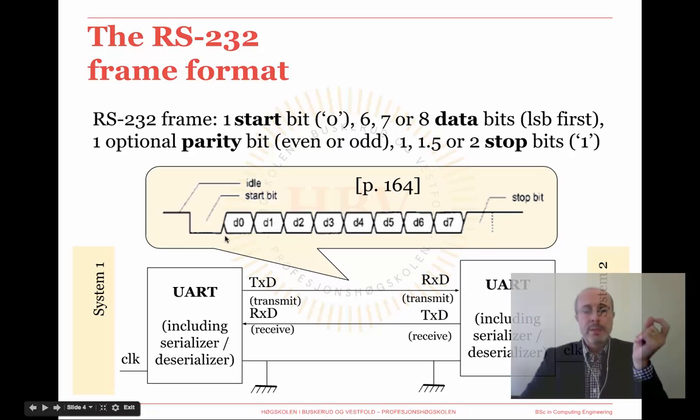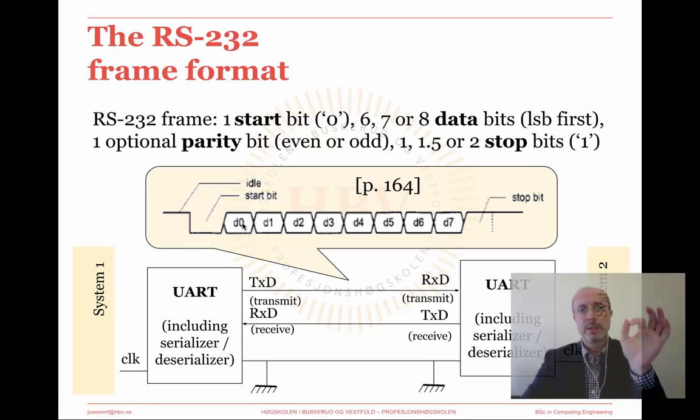So we need to estimate where is the middle point of each bit period and to read the logic value that is present in the transmission line at those moments. Well, in the case illustrated in this slide, this process would have to be repeated 8 times since we have 8 data bits, starting with the least significant bit.